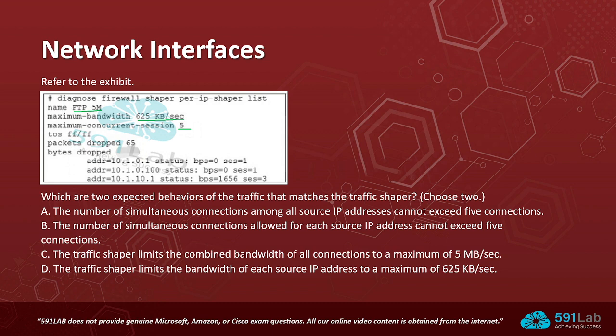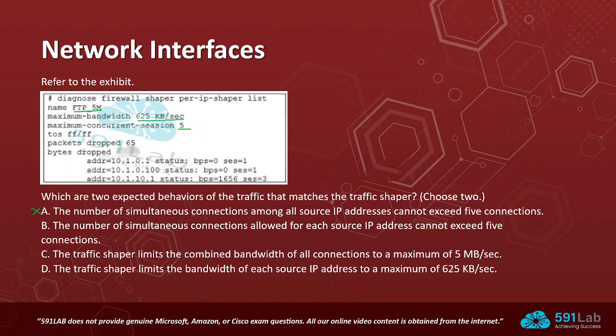This one is wrong because it talks about all the source IP addresses not exceeding 5 connections, and this configuration is about the concurrent sessions for each IP address. So this one is not correct. That is something like this because it's a Fortinet concept about shapers.